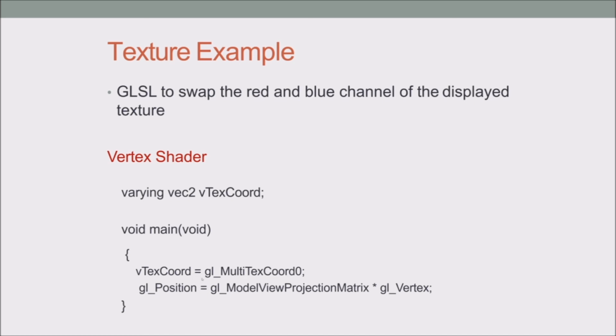I take that value for the texture code, and obviously I don't have anything to do with the position, so the position will be the same. And I'm going to move that color into my fragment shader.